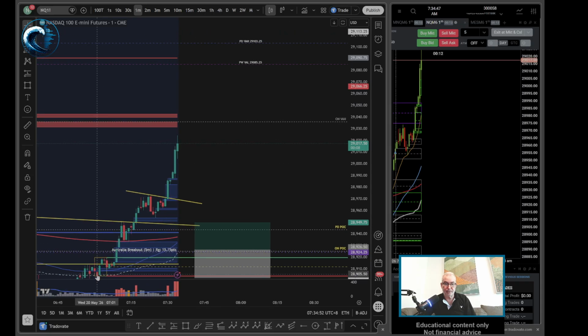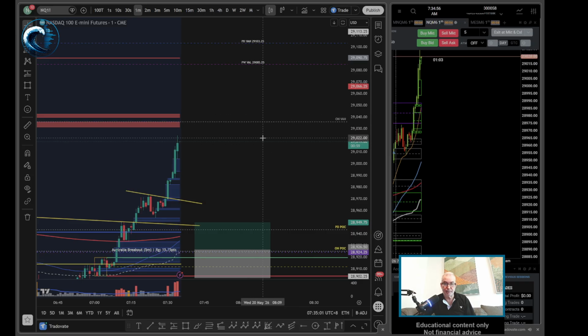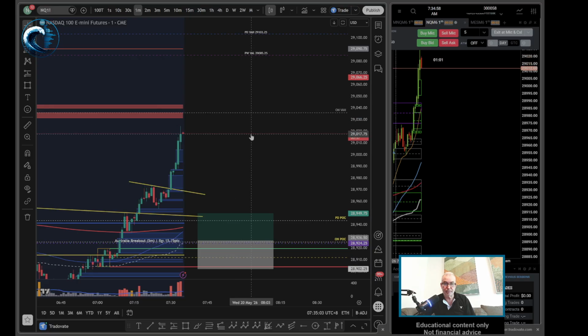Because of the strength in this, I'm not going to just set a buy limit. I'm looking for a reaction at this level. And if it does fly through and I'm still looking long, I'll wait for a retest back in here somewhere before I'd consider going up, considering that long move.